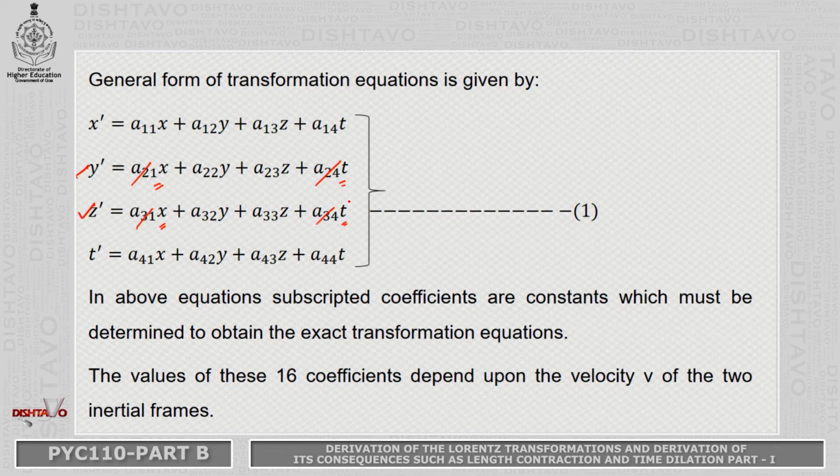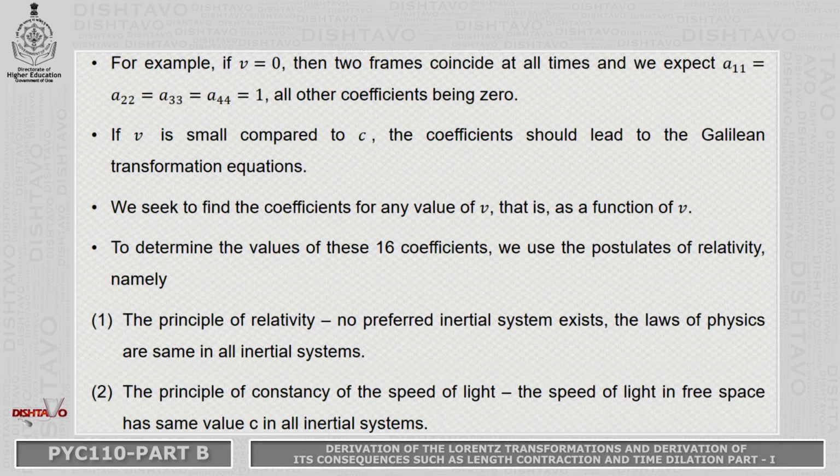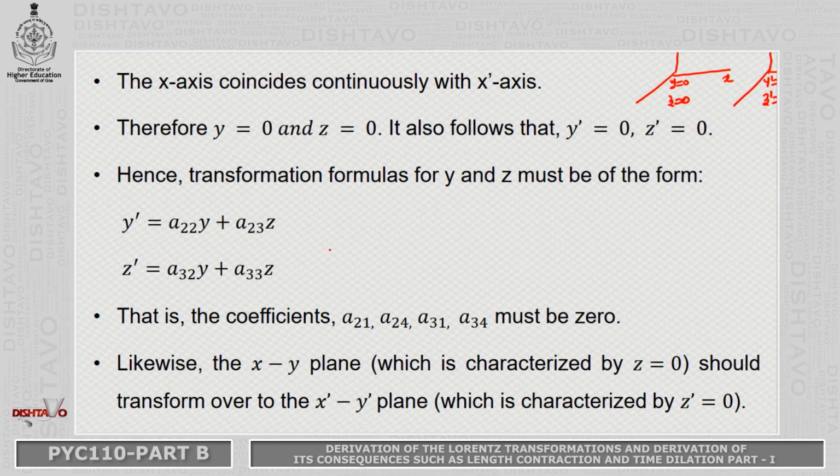So we are fixing another two coefficients, and in that way we get the yz formulas as y dash equal to a22y plus a23z and z dash equal to a32y plus a33z. And we have seen that the constants a21, a24, a31 and a34 are all 0.